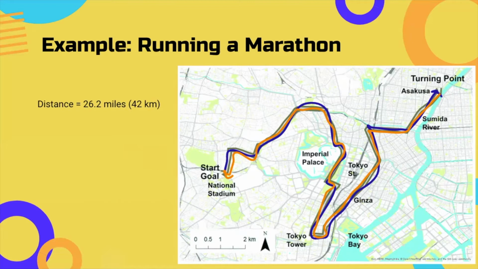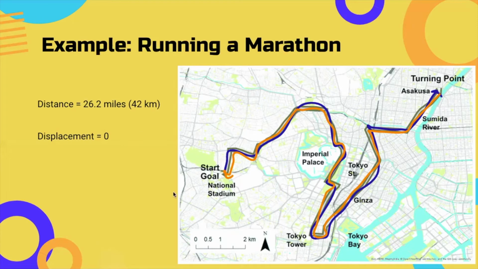What's the difference between their starting and ending position? 0. So let's say you go run a marathon and you're all accomplished. You're like, yeah, I ran 26.2 miles. Your displacement is 0. If you start and end at the same place, then the distance you are from where you started is 0.